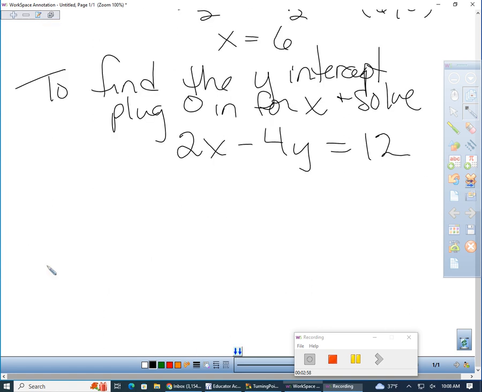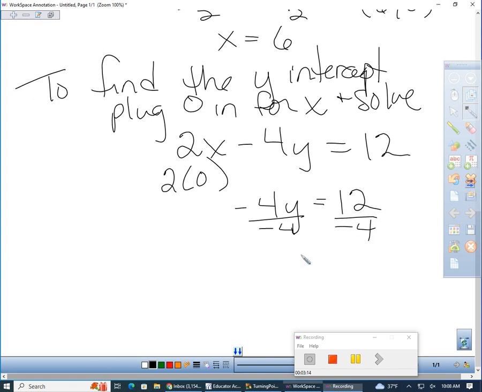If I plug 0 in for x, I have 2 times 0. What happens to this first term? It drops out. So I have negative 4y equals 12. Divide by negative 4, and y equals negative 3. Or it's going to cross the y-axis at the point 0, negative 3. Because remember, we put 0 in for x, right? Okay. So following that idea, we're going to do example number 1.